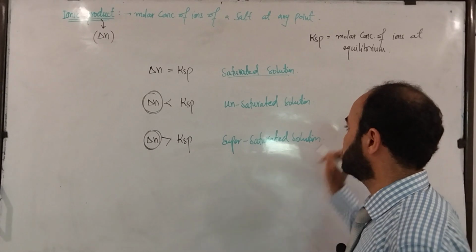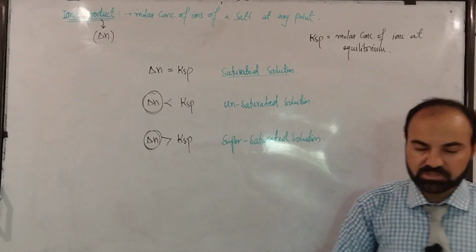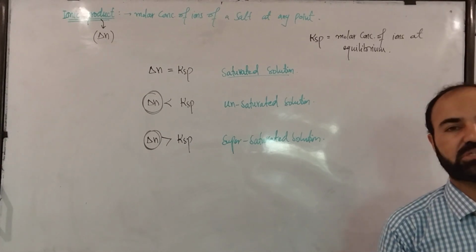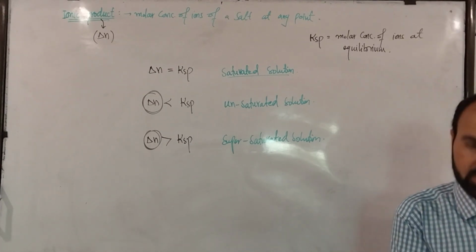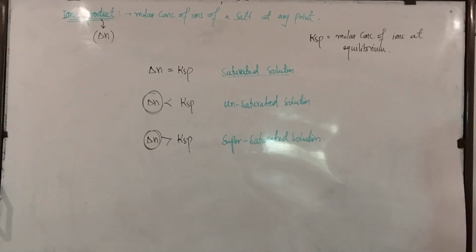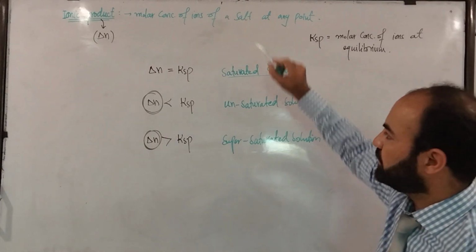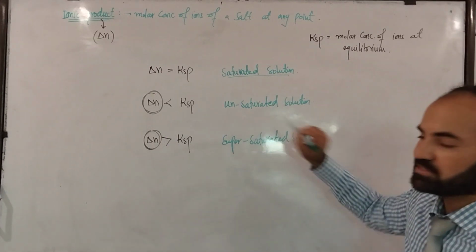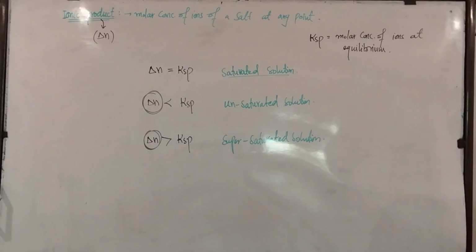What are supersaturated solutions? Those type of solutions where a solvent dissolves more and more solutes, once we raise the temperature for that solvent. So from the ionic product, we also find out whether the solution is saturated or unsaturated or supersaturated.